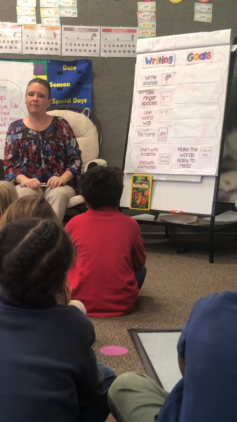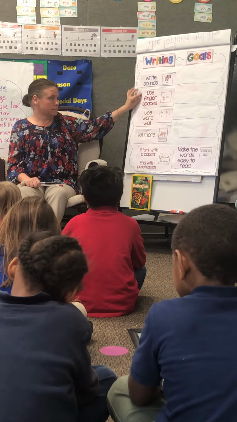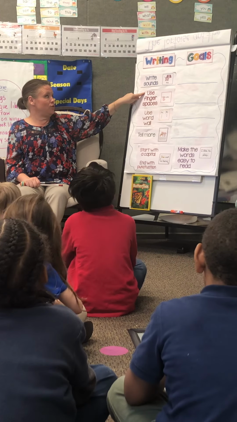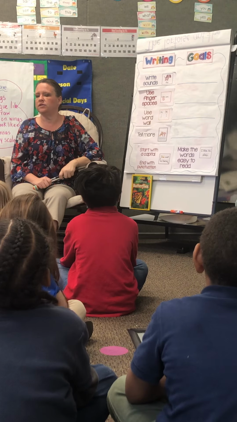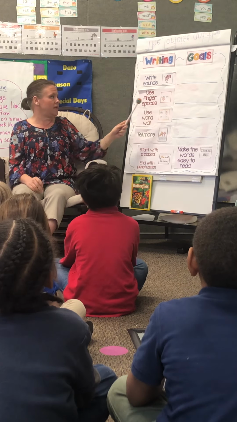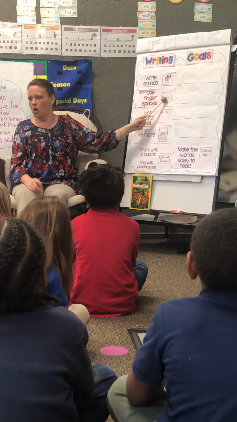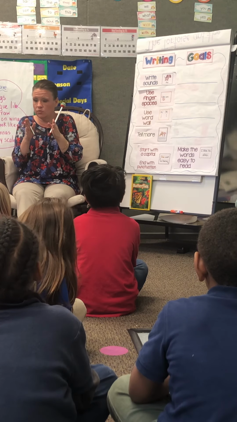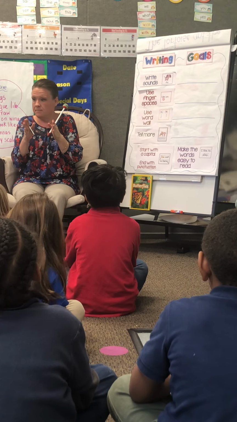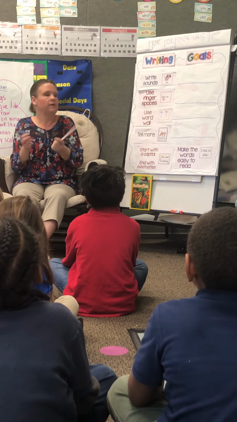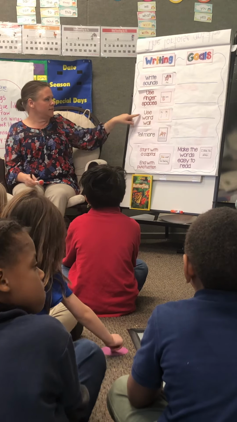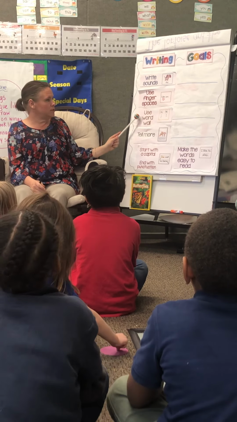That's how I want you to write them out. Now, this says use finger spaces. Where do I want those finger spaces? Between the words. Because if you squish those words all together, it doesn't make any sense to your readers, right, authors? Yes. Very good.